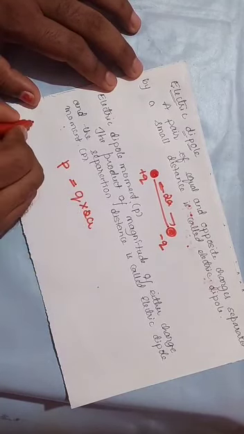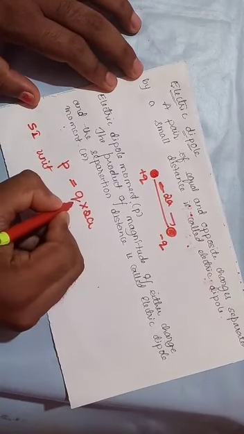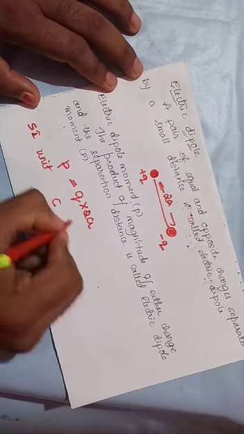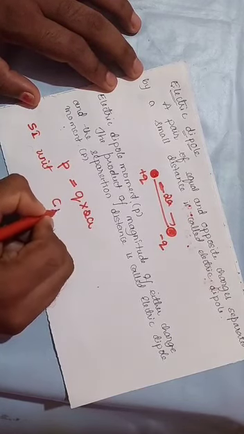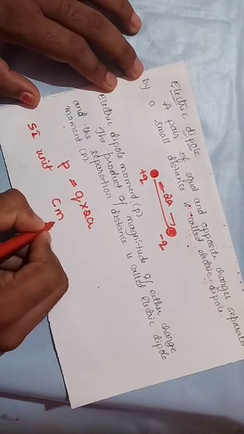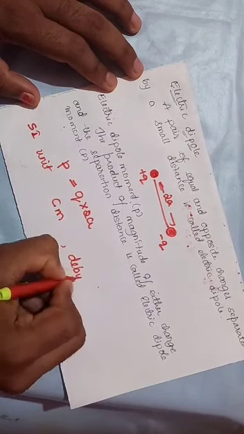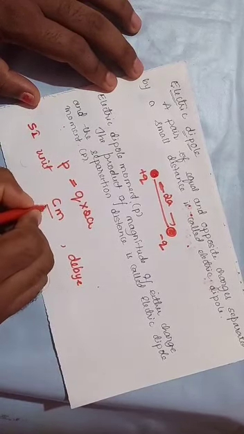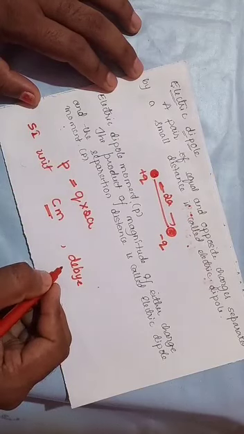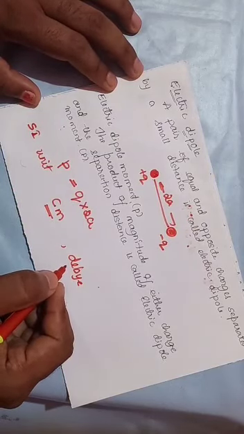Okay, now we have to write its SI unit. The SI unit for q is coulomb and the SI unit for distance is meter. Therefore the SI unit of dipole moment is coulomb meter. One more unit is there, called debye, but we are going to study only coulomb meter as the SI unit for the electric dipole moment.